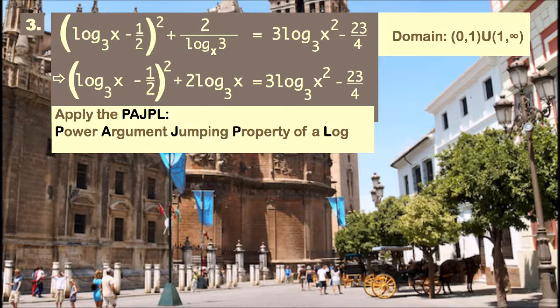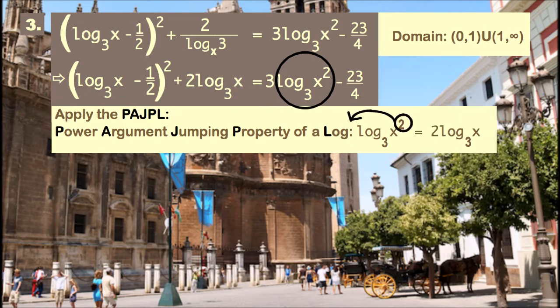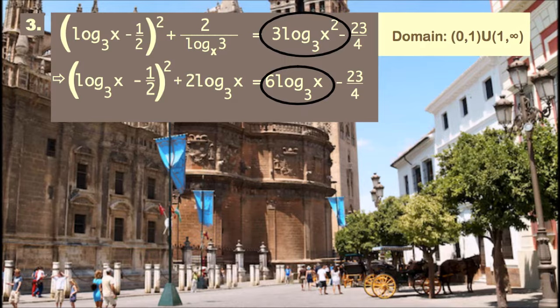Our next step is to apply the power, argument jumping property of a log, where log base 3 of x squared equals 2 log base 3 of x, since we're dropping the squared in front of our log. In doing so, we've turned 3 log base 3 of x squared into 6 log base 3 of x.